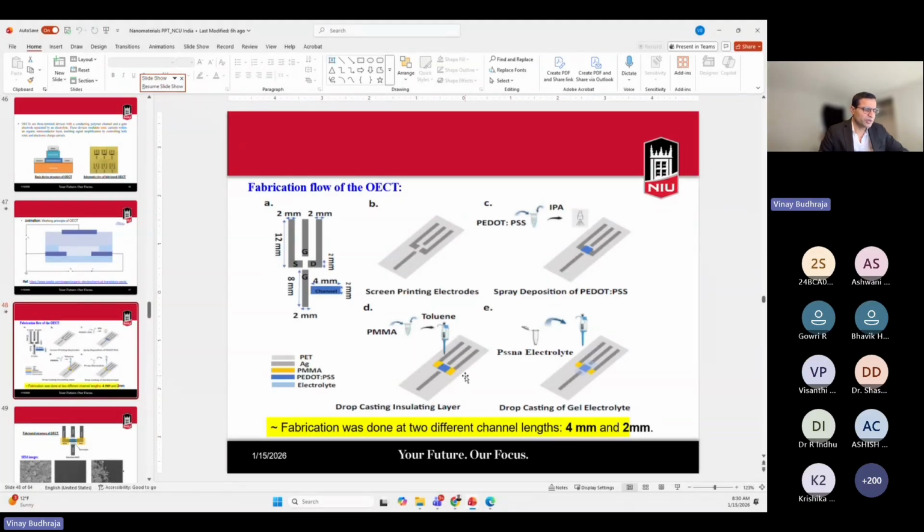We fabricated these devices with 2 different channel lengths, 4 millimeter and 2 millimeter, at the first stage. And we are reducing its size up to 100 microns, and every time we use a different mask, and that will be our future work.